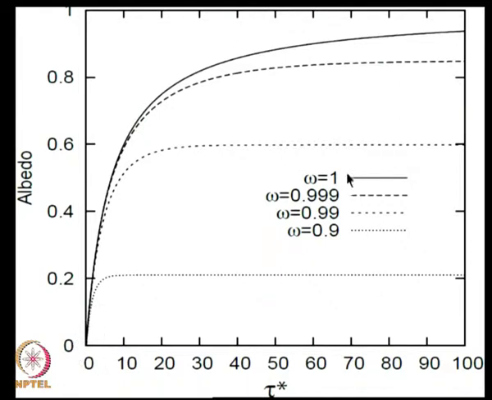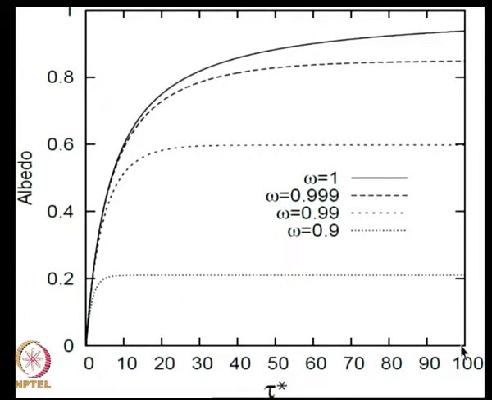But when the optical depth is large, when the photon has many events within the system, then the single scattering albedo matters. You can see that as the optical depth becomes of the order of even 10, going from 0.9 single scattering albedo to 1 increases the cloud albedo by 3 times, 300%.